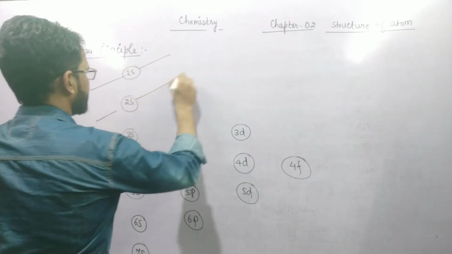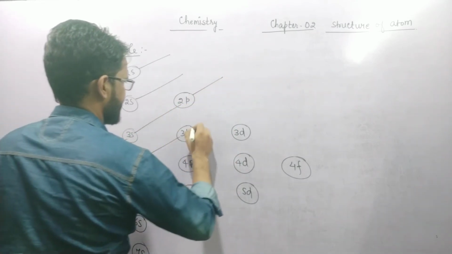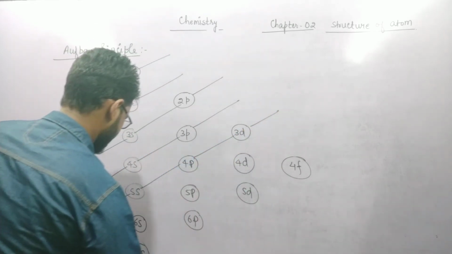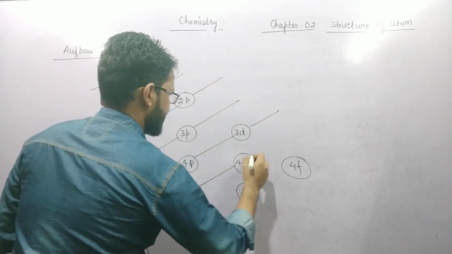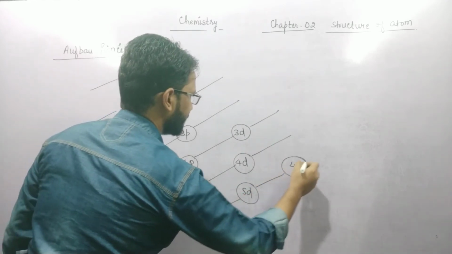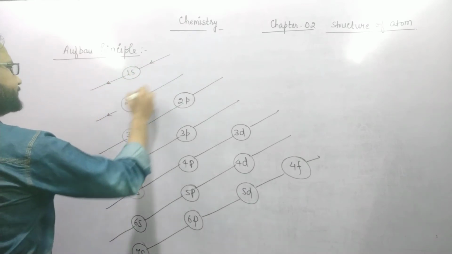arrow. In the last, 7s, 6p, 5d and 4f. Is it clear? Arrow.